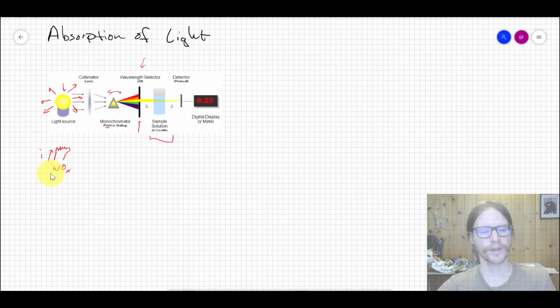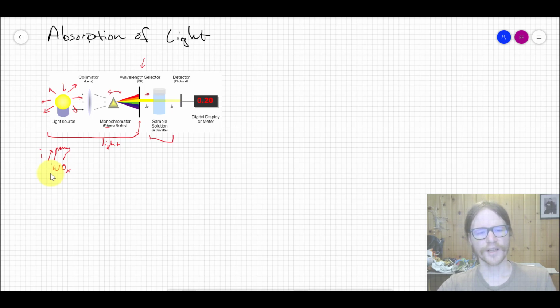Then we have our solution. Right, so this whole front end is just the light, and really the main goal here is to take broadband light of all different colors, at least in the visible and the UV, and then control which one we're sending through. So we know what wavelength we're sending through at any given moment in time as it exits the slit.